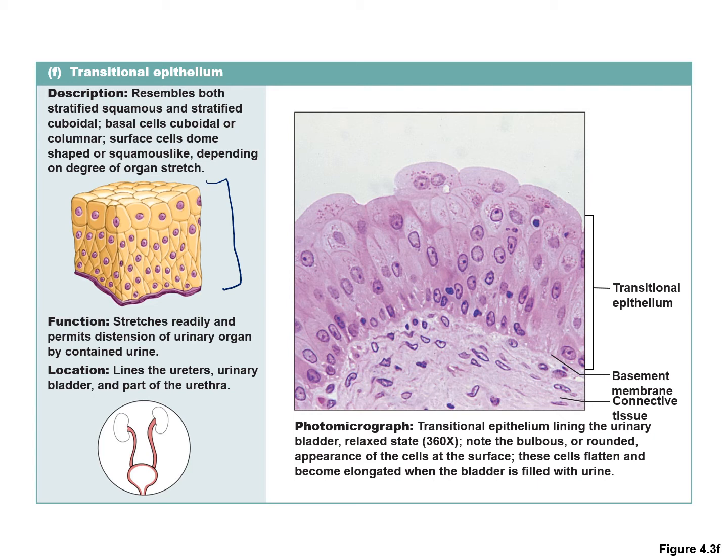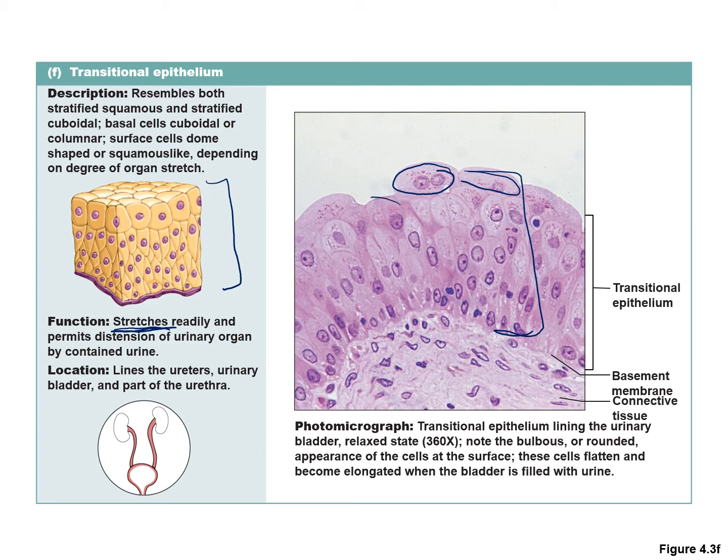And that's why if you see a photograph like this or like this over here, that's not stratified cuboidal or stratified columnar, just because those are really very rare in our body. So that would be transitional epithelium. And it can stretch, right? And when it's stretched, it actually changes the shape of the apical cell. So look, this one looks like a squamous, right?